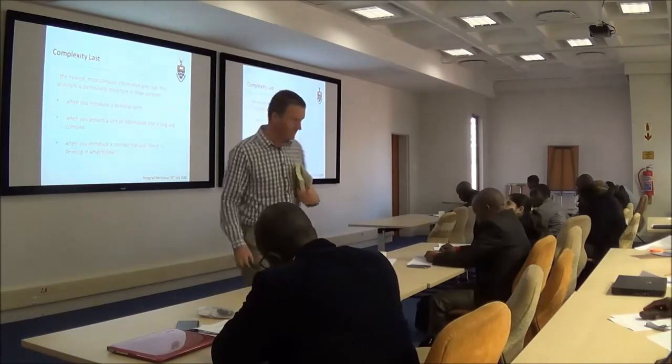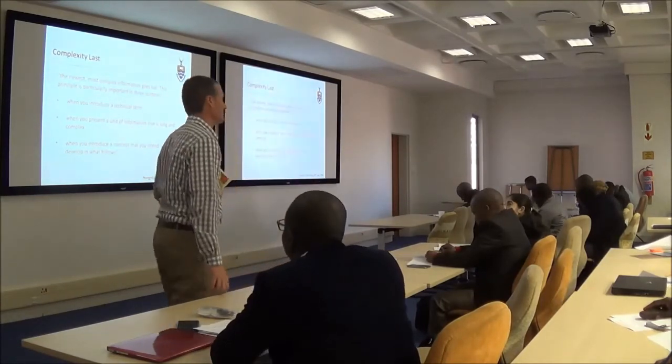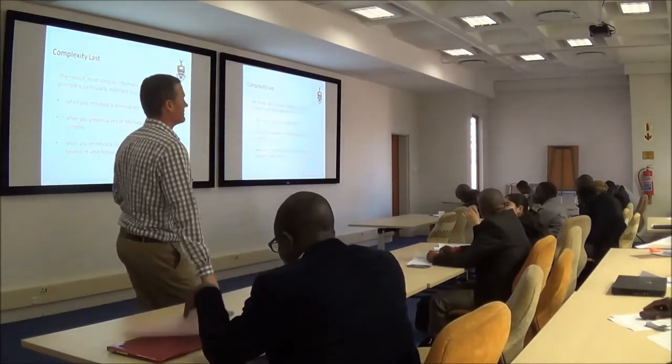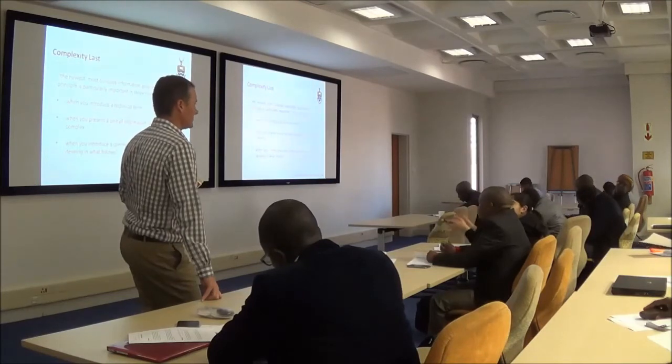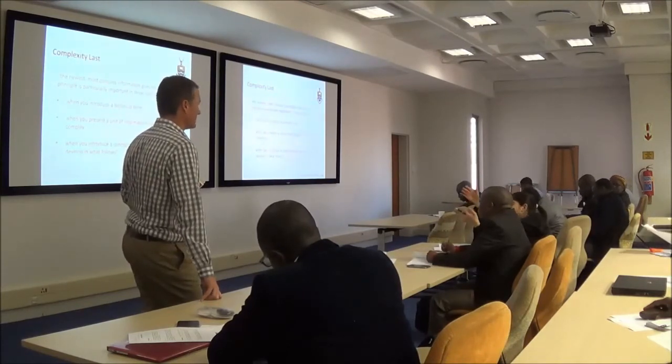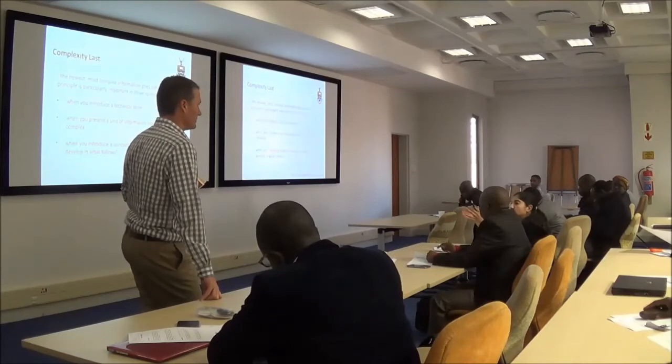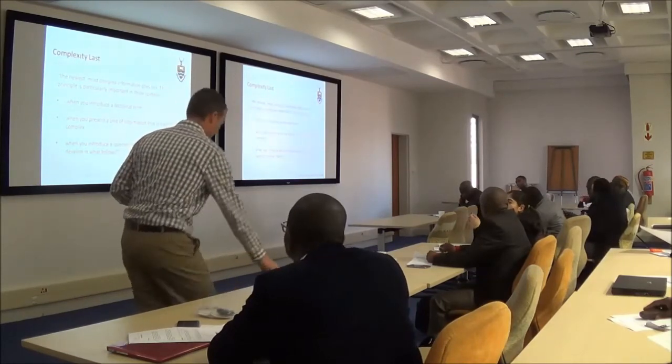If you Google academic phrase bank, you will find a whole host of linking words. So instead of saying but, you will find conversely, on the other hand, notwithstanding this fact, and it gives you a whole tree of these words that you can use. 100%.